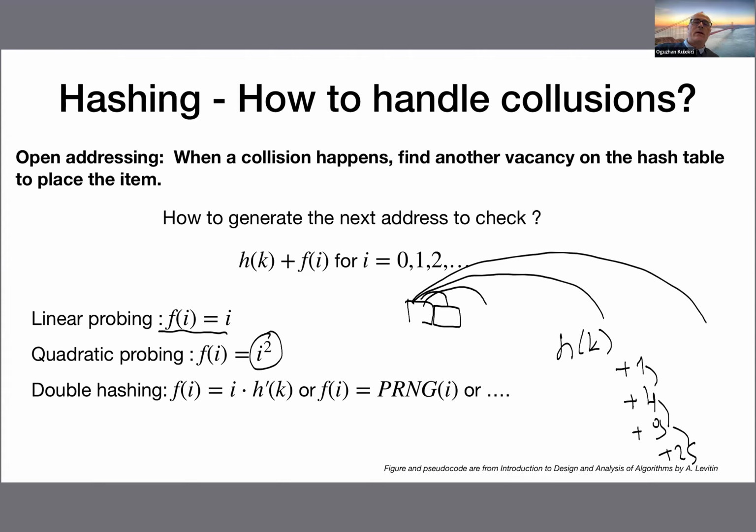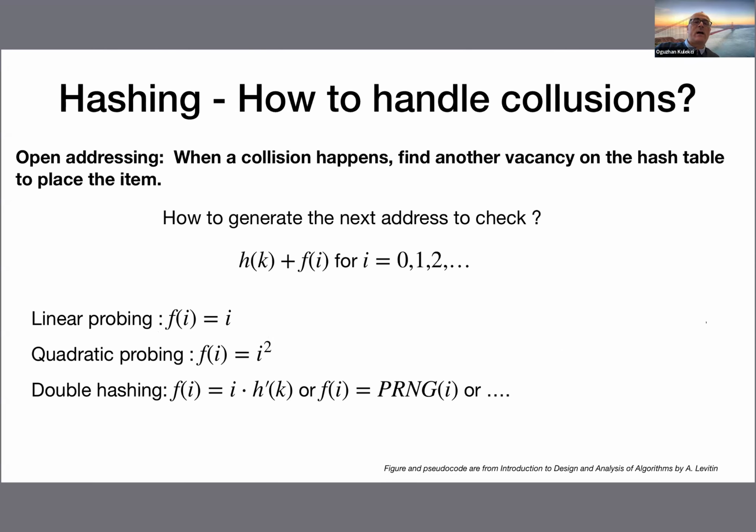What else you can do is use a double hashing scheme. My position will be HK plus i times a second hash function. Since the key is the same, I should use another hash function, hash prime.